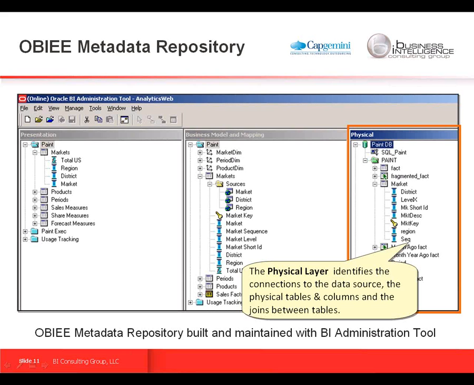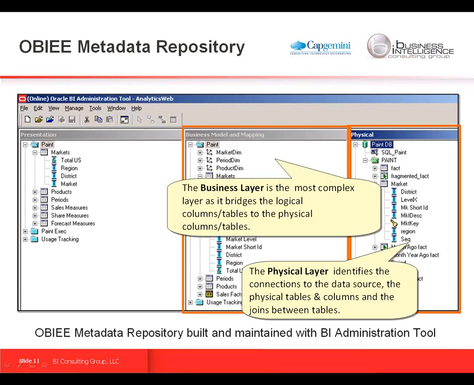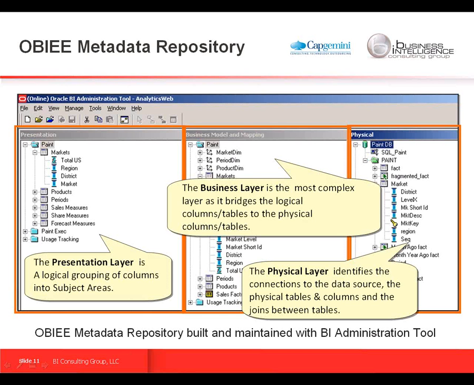Then we get to the business model, which is really more how tables work together, what tables we're going to query, how the data will be organized and aggregated, and finally a presentation layer, which is what columns and tables the users will see in either the web tool or any other access tool. Even if they're coming directly to the BI server, everybody sees the tables and columns that are exposed in this presentation layer.